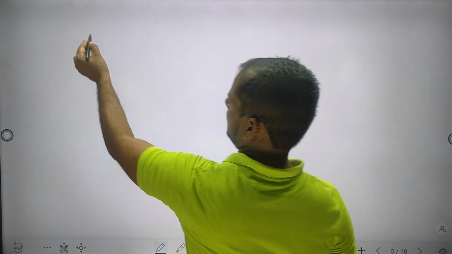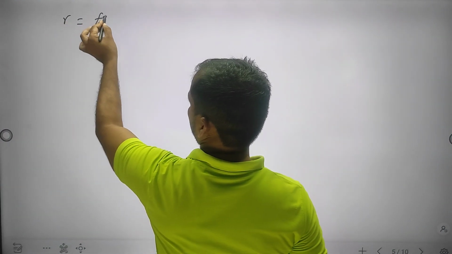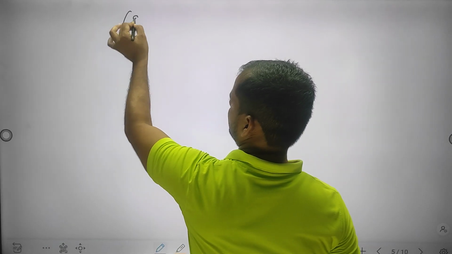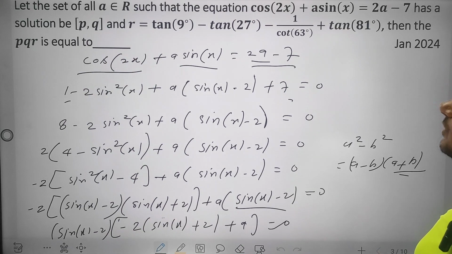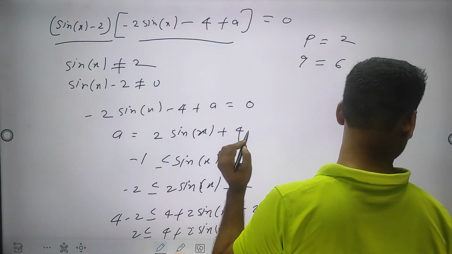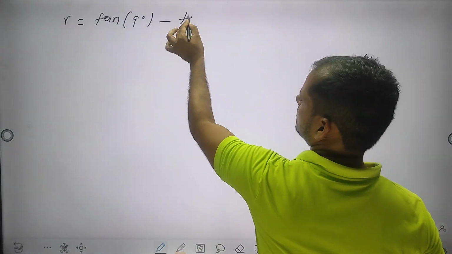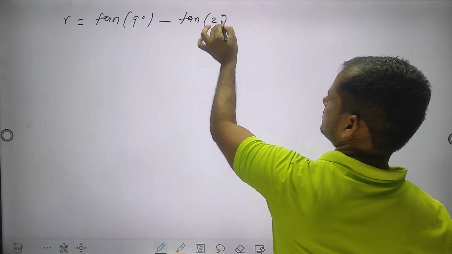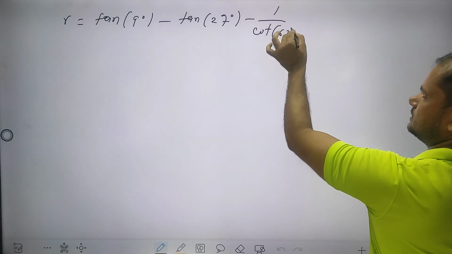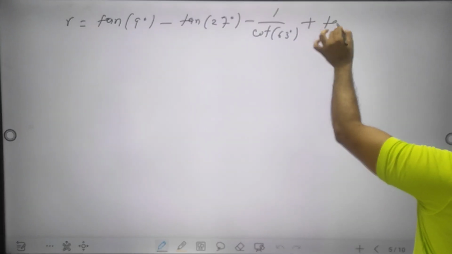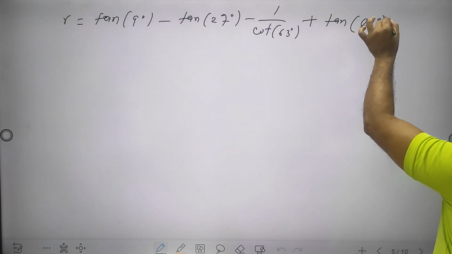Now r equals tan 9 degree minus tan 27 degree minus 1 upon cot 63 degree plus tan 81 degree.